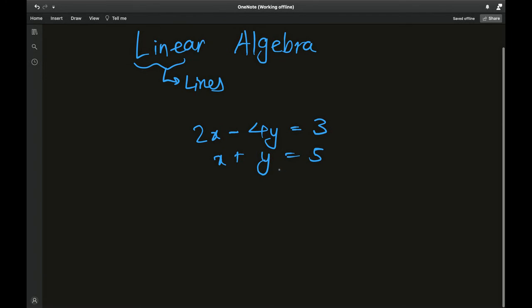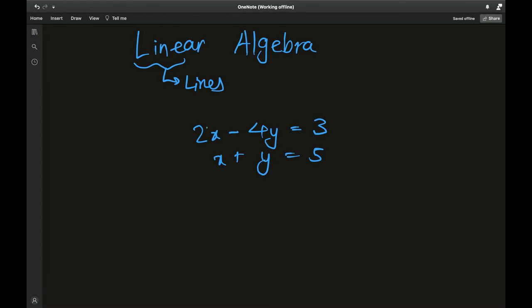Now I'm sure you've done this before in the exam, or anywhere else, if they tell you to solve this system of linear equations simultaneously, what you do is you notice the 2 down here, which is the coefficient of x for the first equation, and 1, which is the coefficient of x in the second equation.